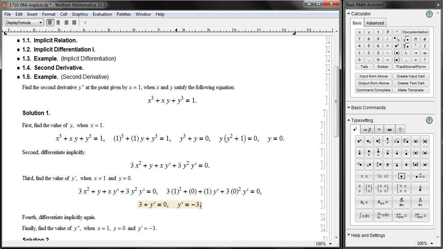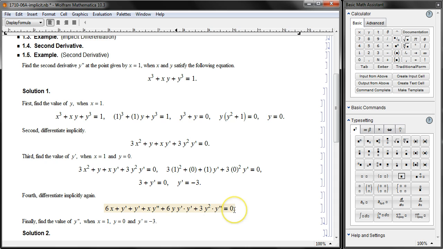Now, are we looking for y double prime? Alright, we have to take the derivative once again. You see, from here, implicit differentiation, we take the derivative once again implicitly. We do not have to solve for y prime and go with this terrible quotient rule. Just take the derivative once again implicitly.